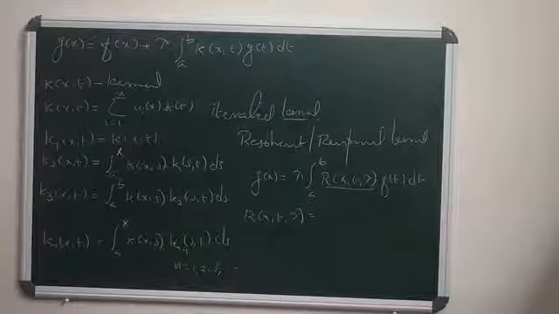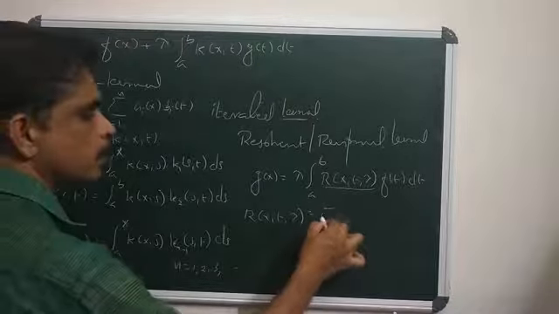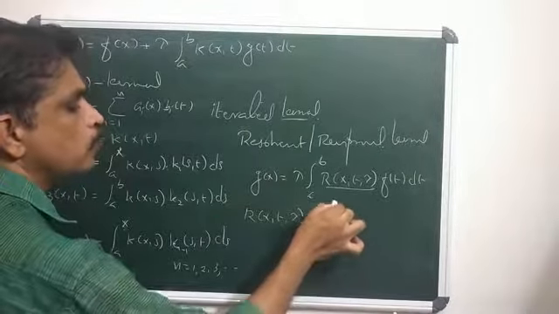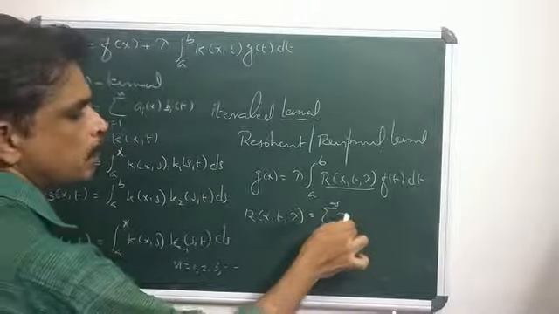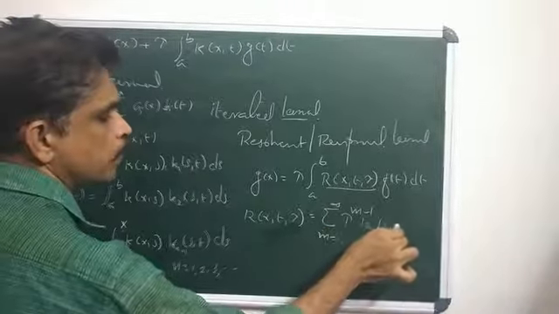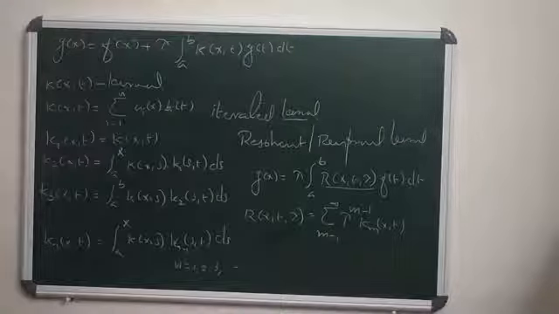We know that the separable kernel is a finite sum, but the resolvent kernel R(x,t;lambda) is given by sigma m ranges from 1 to infinity lambda power m minus 1 times k_m(x,t), where k_m(x,t) is an iterated kernel obtained in this way.